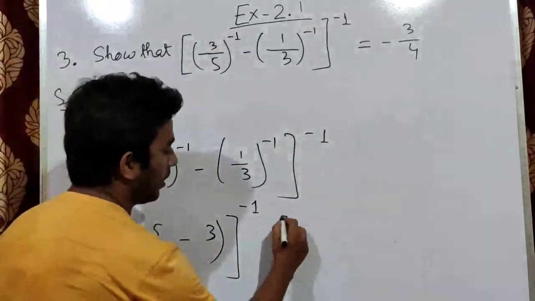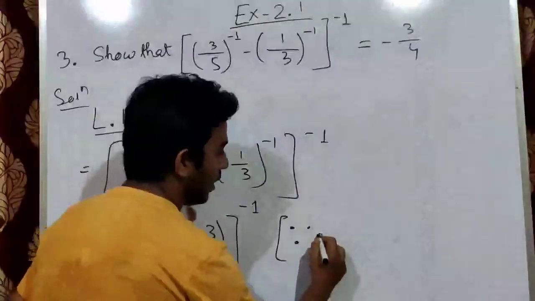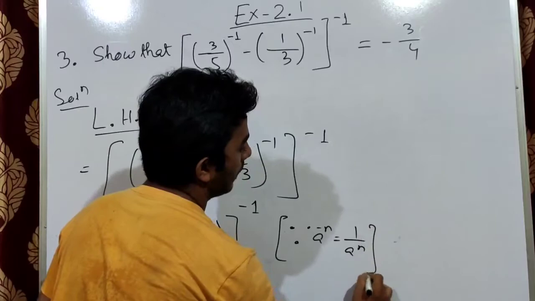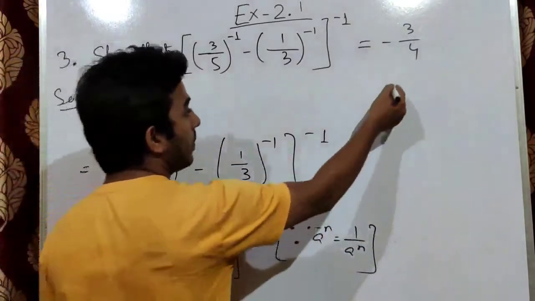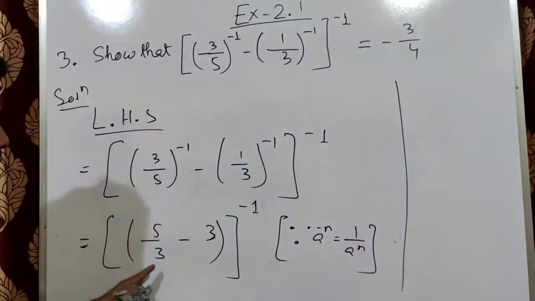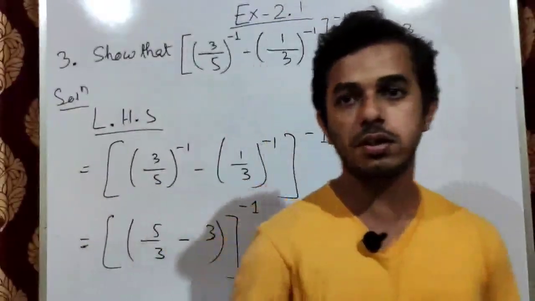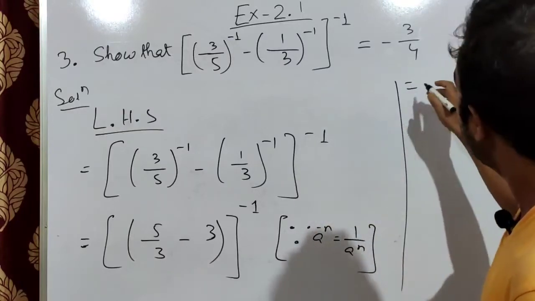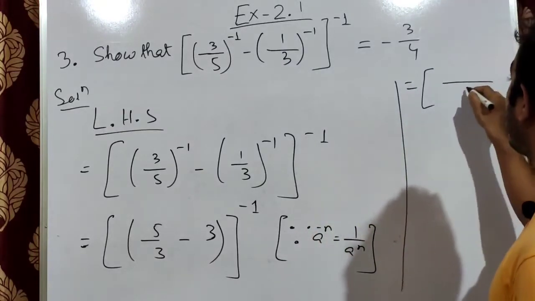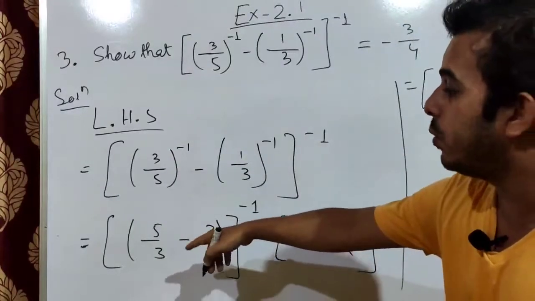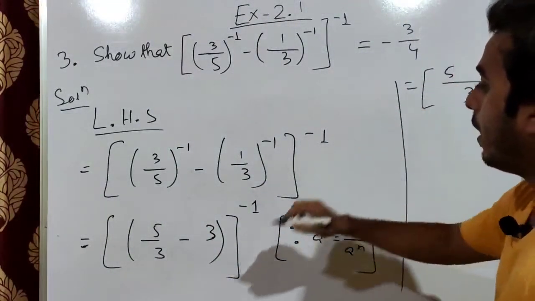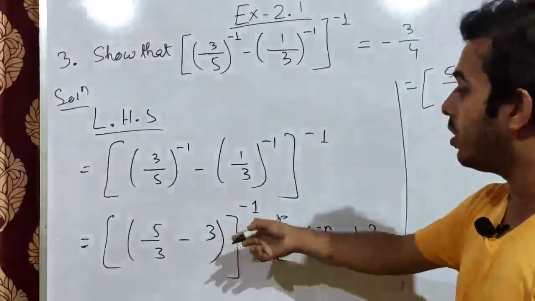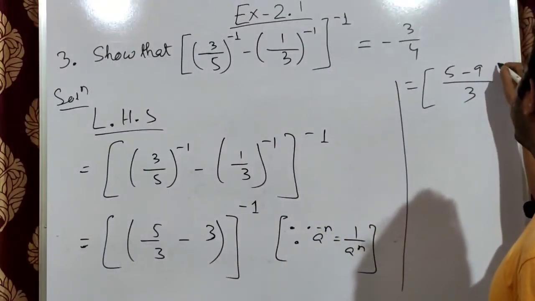Here we will write one thing: a^-n equals 1/a^n, clear? Okay, so next step, we have to find out the LCM, right? It will be 3. Then 3 divided by 3 is 1, that is 1 into 5, it will be 5, and then 3 divided by 1 is 3, so 3 into 3 it is 9.